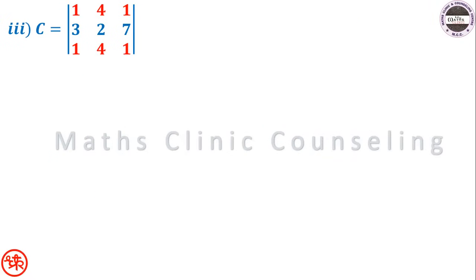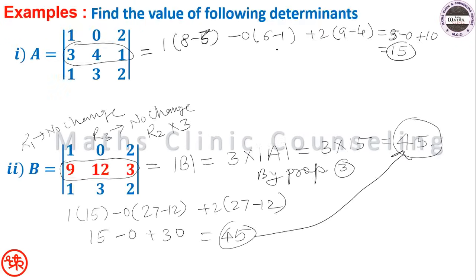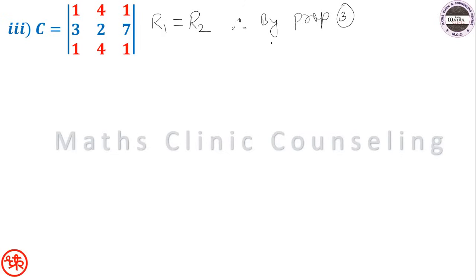Now similarly, the third example. Look at here. In this example, R1 is equal to R2, and therefore by property 3, the determinant of C is equal to 0.